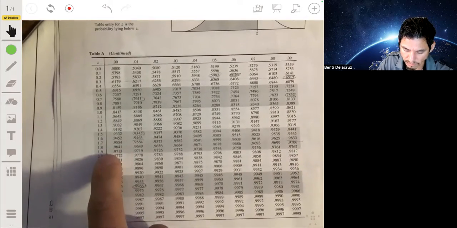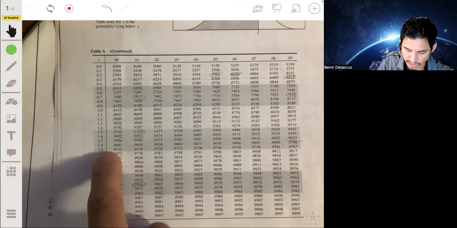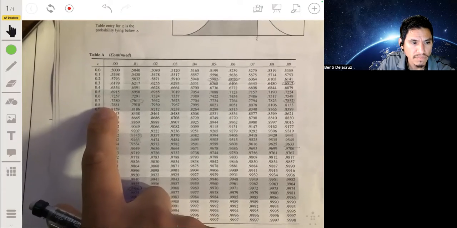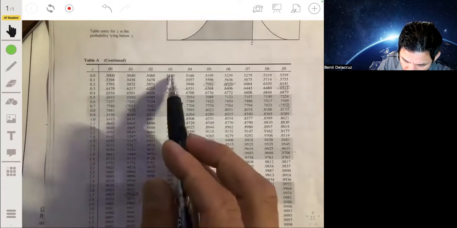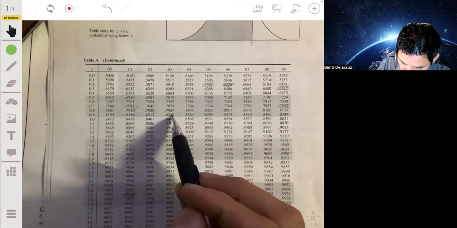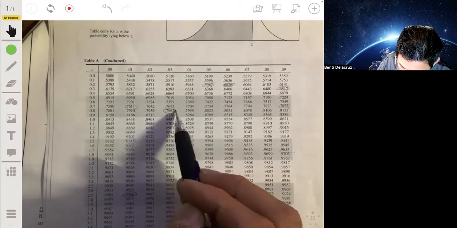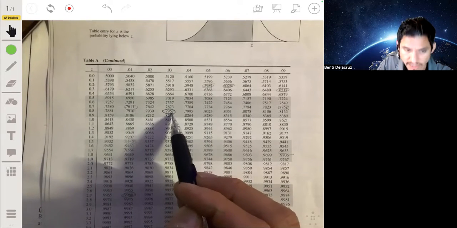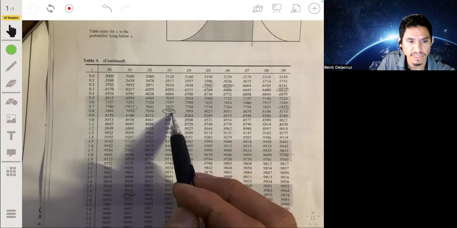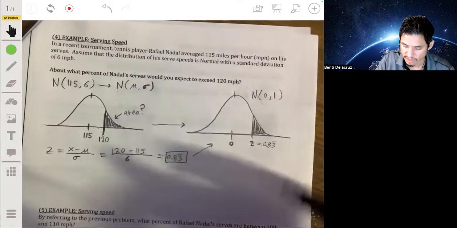So let's look at 0.83. So 0.83 would give us about 0.7967. So an area of 0.7967 is to the left of this.